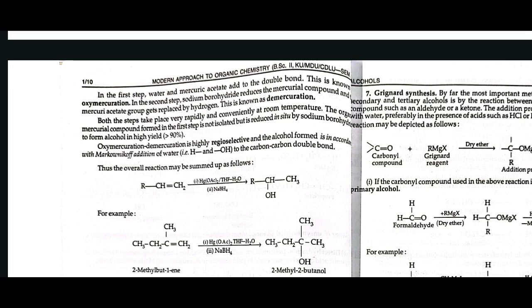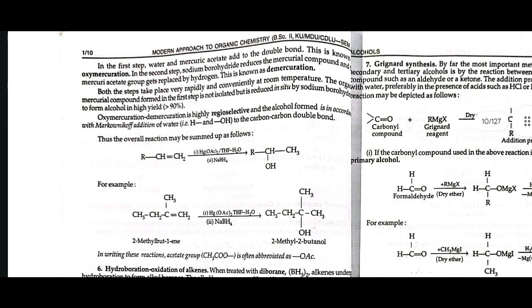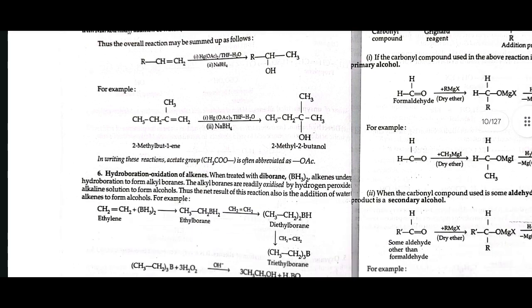The organomercurial compound formed in the first step is not isolated but is reduced in situ by sodium borohydride to form alcohol in high yield, more than 90%. Oxymercuration-demercuration is highly regioselective and the alcohol formed is in accordance with Markovnikov's rule of addition of water to the carbon-carbon double bond.